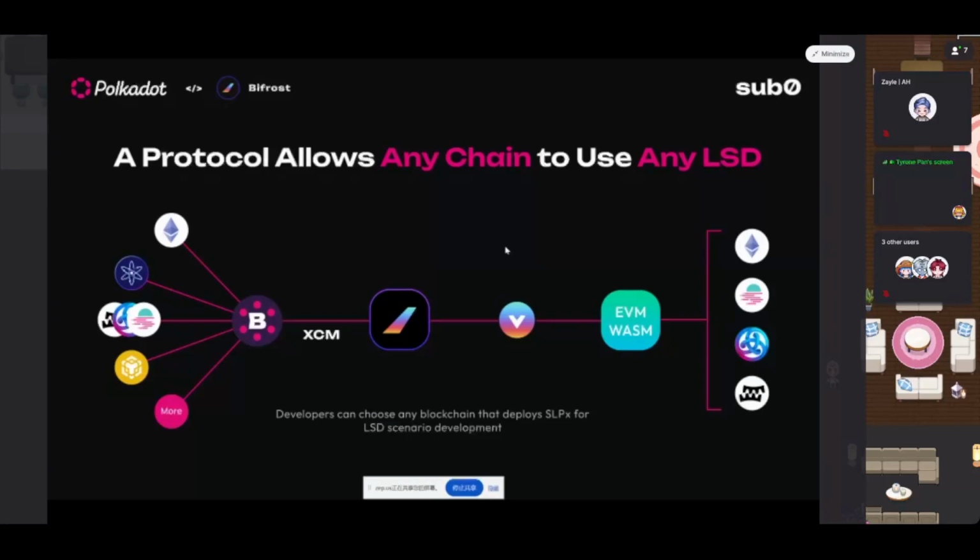So the assets coming from external blockchains go to Bridge Hub and then to Bifrost. Bifrost liquid staking tokens can also effortlessly flow between the external blockchains and the parachains, which means the asset is fungible itself. If there's no restriction of a bridge or cross-chain, it can be easily transferred to any destination chain that you want, right? That's the reason why we are leveraging XCM to build the whole thing up.